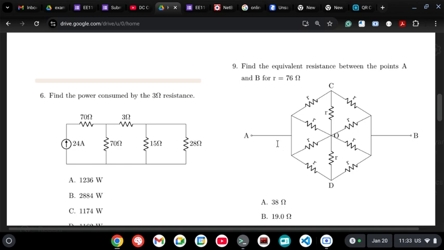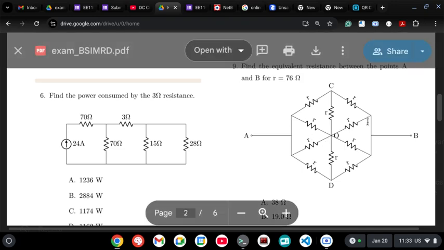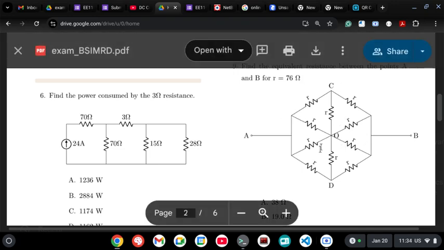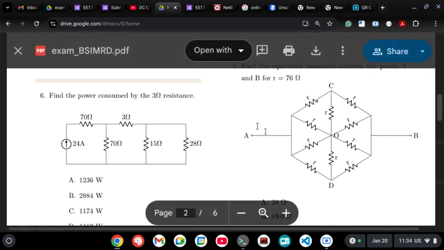So simply ignore the above five resistances and only consider the bottom five resistances as one path. And if that is one path, then you have another path of the same. So you can simply divide by two, and you will get the answer. So yeah, you can also try that.